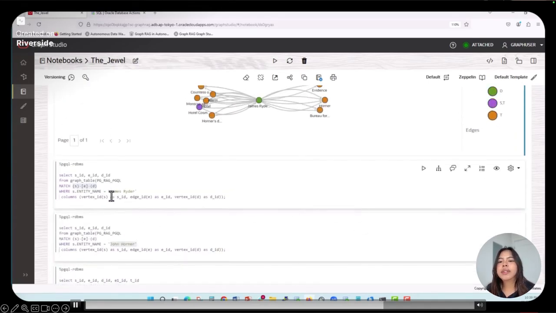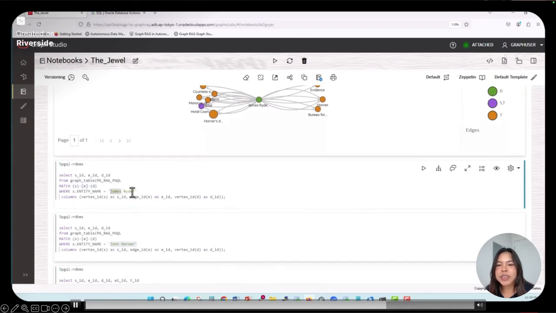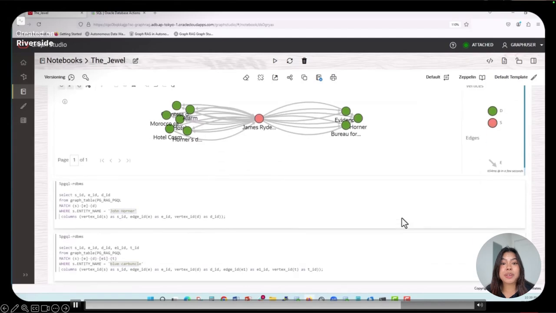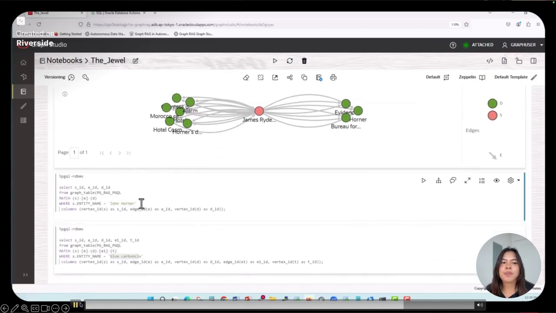And then if we wanted to take a quick look also to understand a little bit more the story, we can also run the query to show all of the entities that are connected to James Ryder and also to John Horner, which was the person that was blamed without being the right person, right?